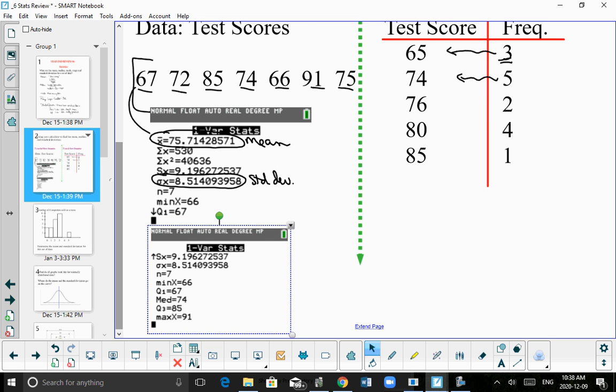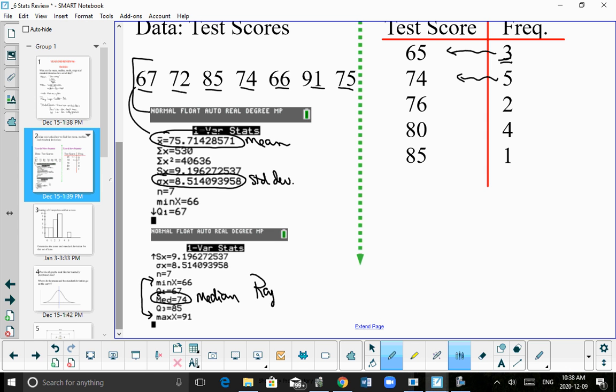Okay, so right here, MED, that is the median. Now, right here, I'm told my min and my max. So what I can do for range is I can just subtract them. So 91 minus 66, I get out 25.